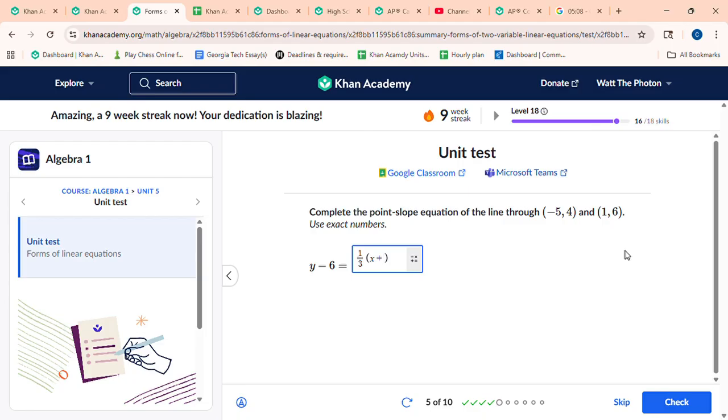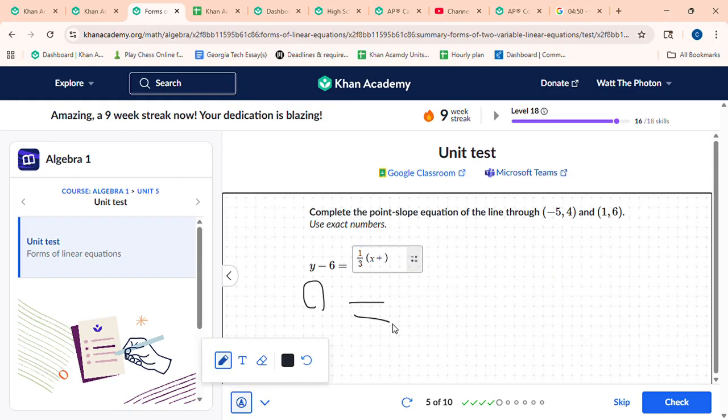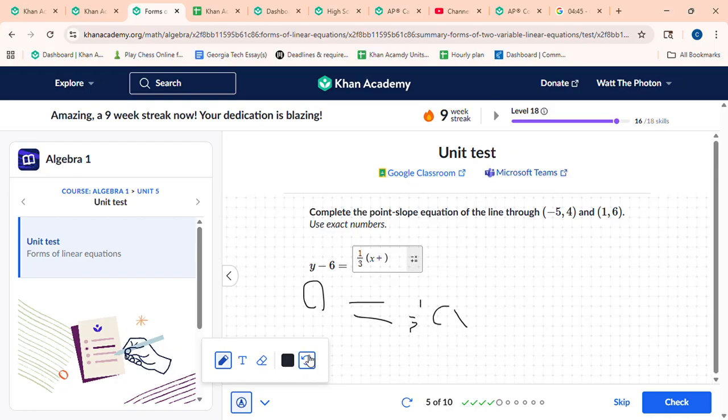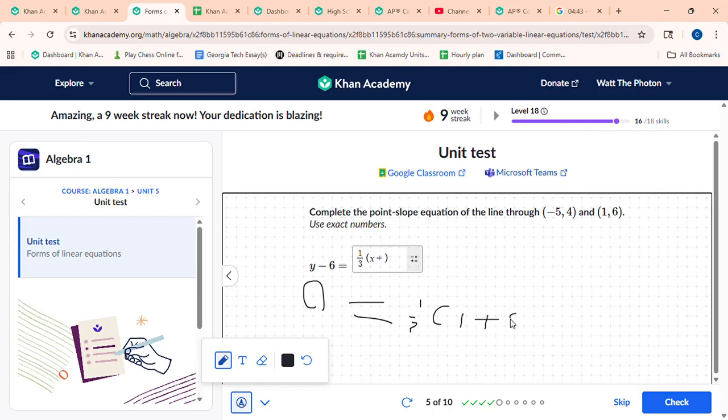If we subtract 6 from both sides, we get 1/3 x plus something plus 6 equal to 1. Let's put y as 6 right here. So 6 minus 6, so that's 0. So 0 plus 1/3 x, which is 1. 1 plus something, call that x prime to 0. So this seems like it would be negative 1.